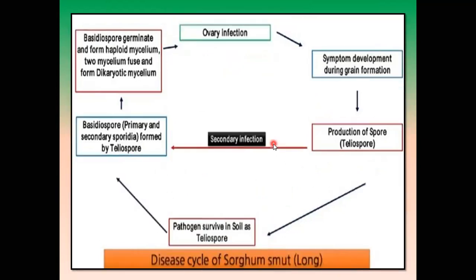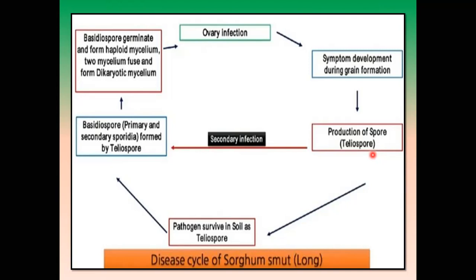Then we discuss the long smut, or the disease cycle of the long smut seen in sorghum, because long smut is an airborne disease, meaning the actual blackish spore mass is developed in infected earheads or infected grains.